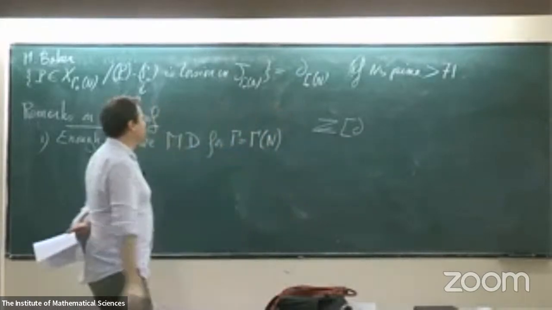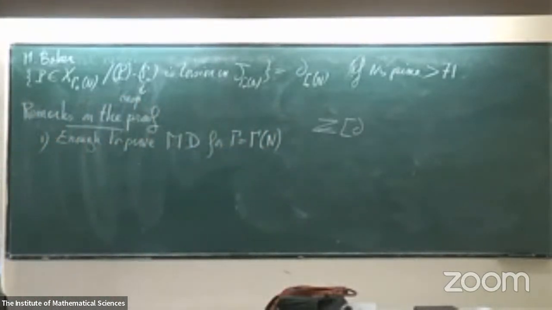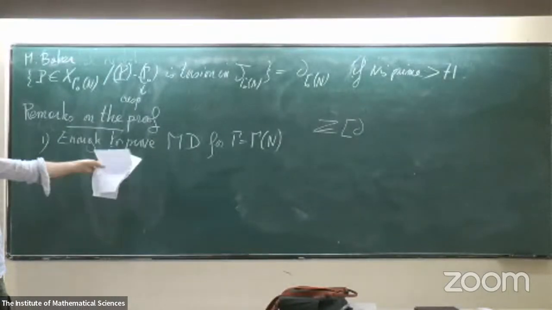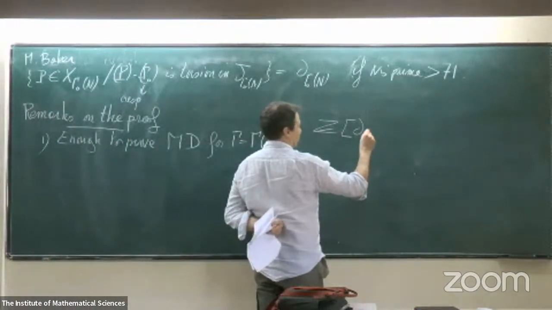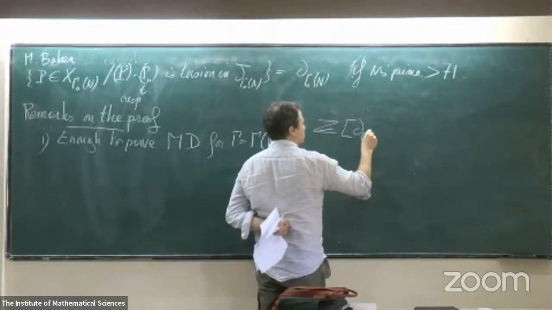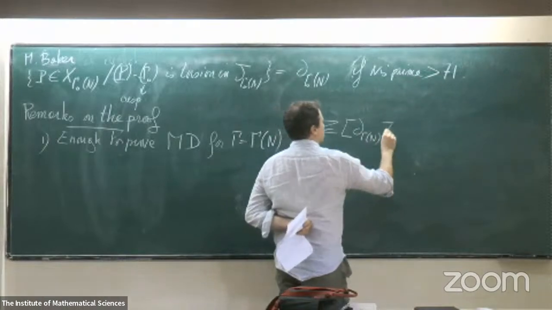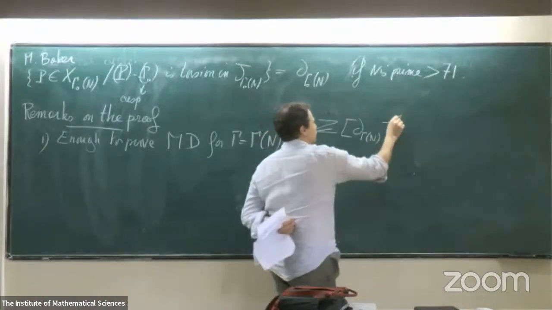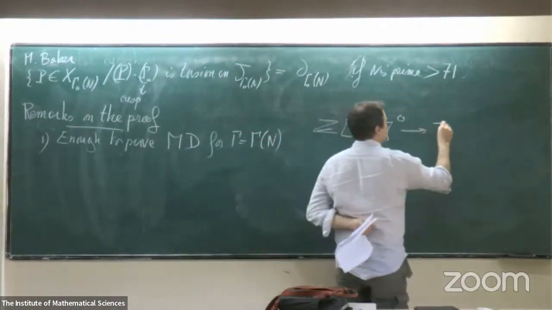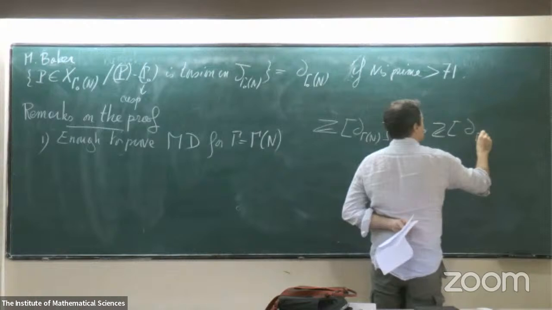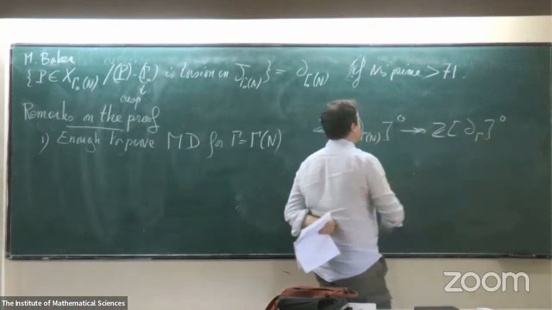I said that a congruence subgroup contains gamma of N for some N. So those are the divisors of degree 0 supported on the cusps. You have a surjective map.